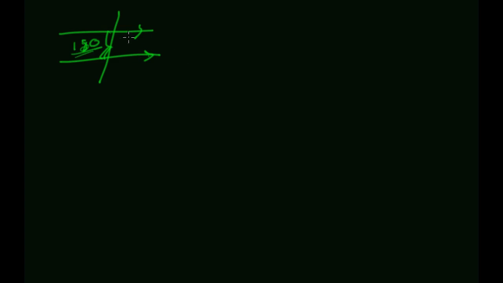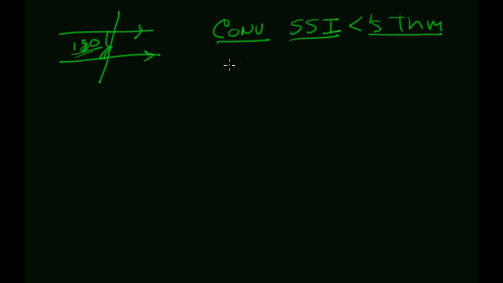So if they're parallel, then these two angles have to add up to 180. We get a converse of that, the converse of the same side interior angles theorem. If the same side interior angles are supplementary, then the lines are parallel. Okay.